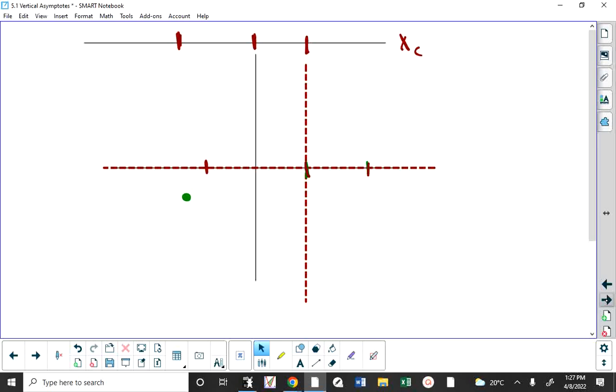So how can the graph be decreasing as we get closer and closer to that green dot? Well, the only way it can be decreasing to that point is if it's asymptotic here. Right? Because the x-axis is a horizontal asymptote. So it's going to be decreasing to that point.